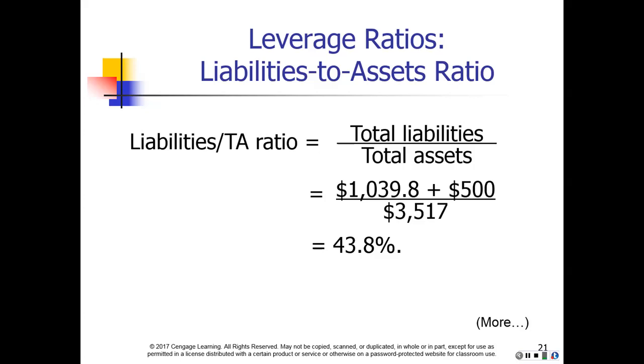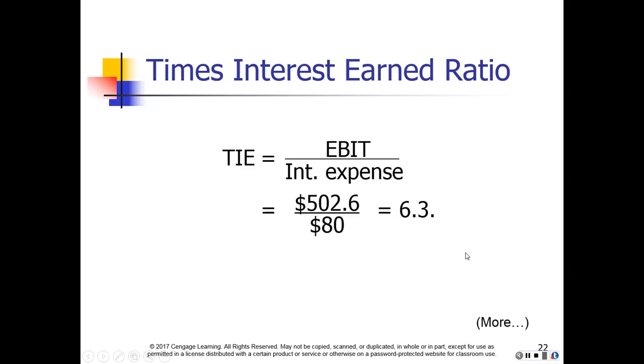That is the current liabilities plus the long-term debt, 500 for 2017. Those added up give us total liabilities. Divide that by the total assets, which you can get from the bottom of either the asset side or the liabilities and equity side of the balance sheet. That gives us 43.8%. So that's the liabilities to assets ratio.